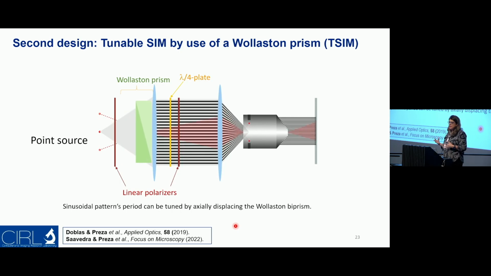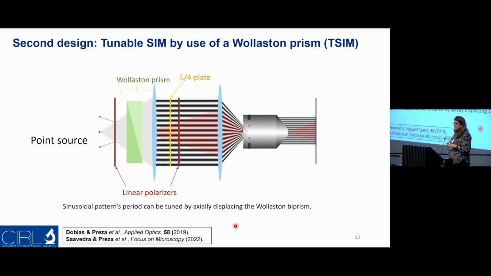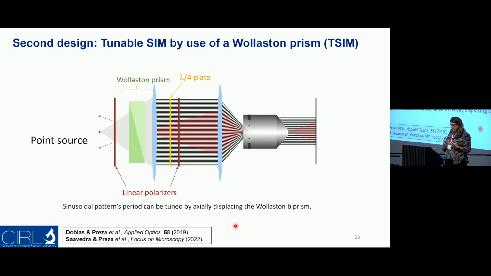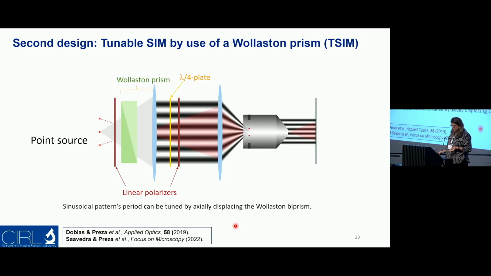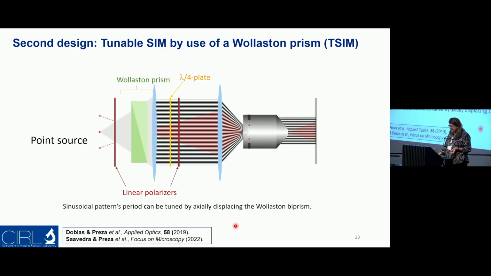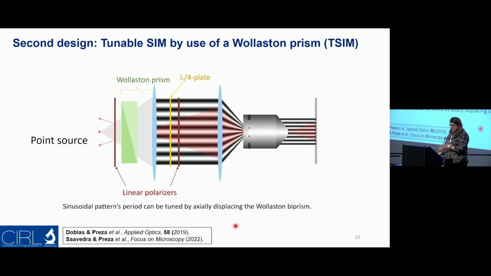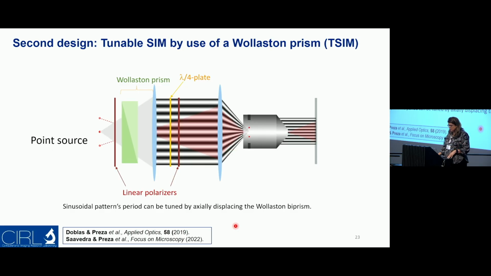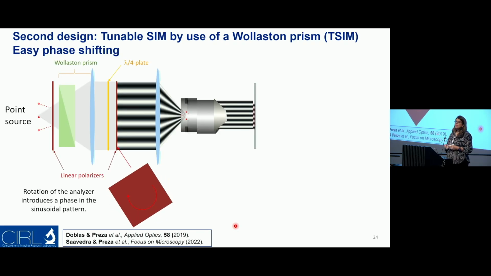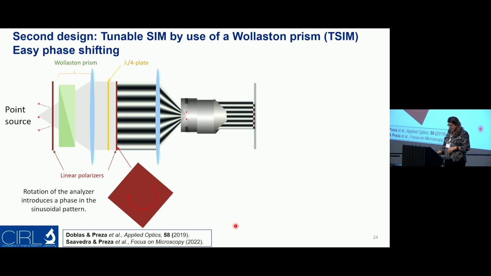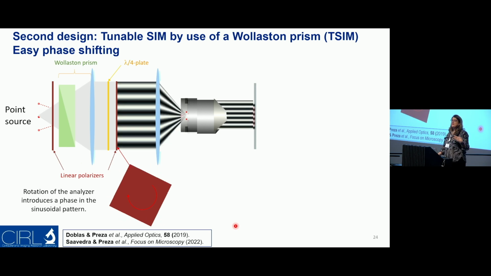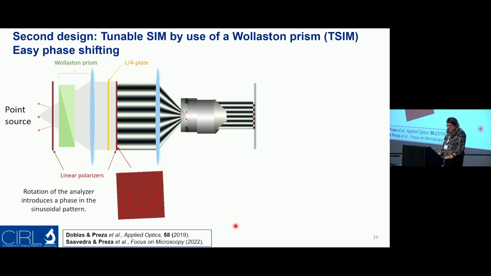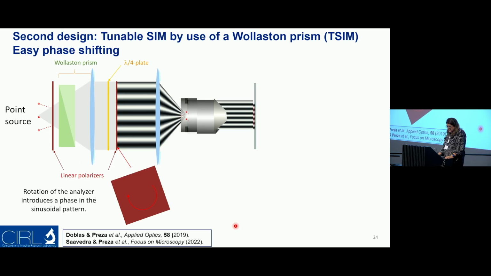So moving on, we improved our design by replacing the Fresnel biprism with the Wollaston prism. It has better optical properties. It works between two polarizers and a quarter wave plate. Again, axial displacement of the prism gives you tunability of your modulation frequency, and rotation of the second polarizer, the analyzer, allows you to create the phase change in your structured pattern, so you don't have to move your prism.